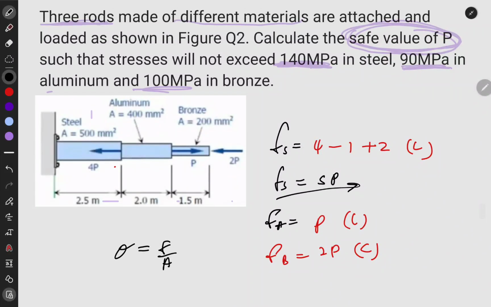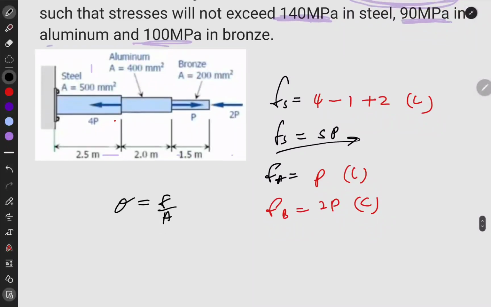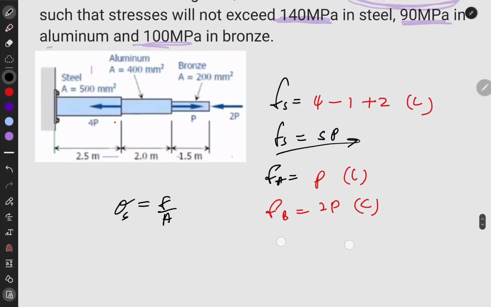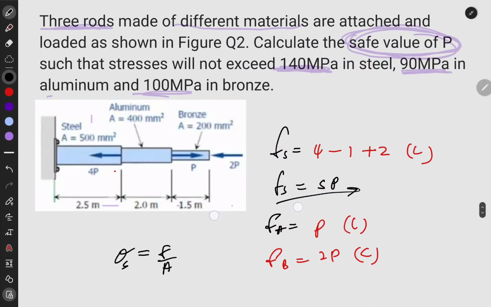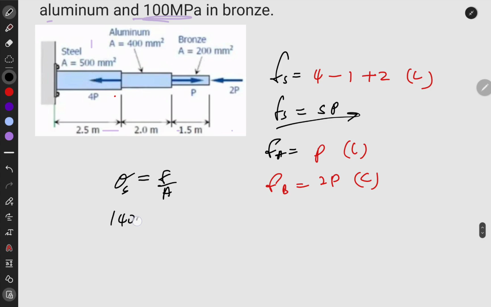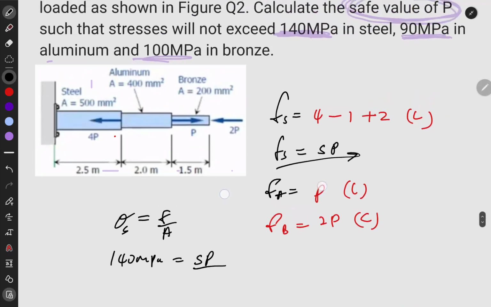Yes, this is stresses. Oh, we are also given areas, so it's nice. So we're looking for steel, right? Steel has its own given stress, 140 MPa, equal to the force on steel, 5P, over the area there.